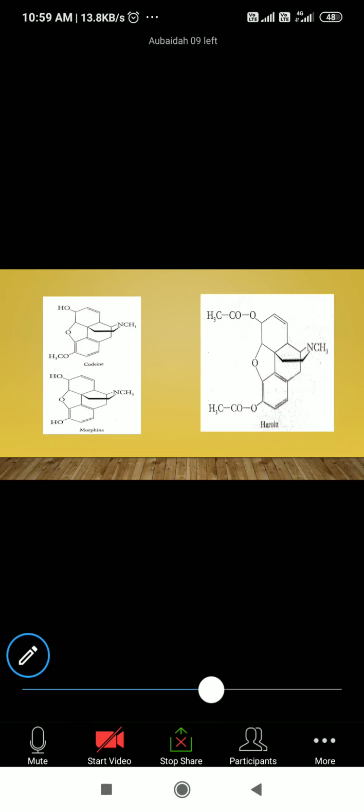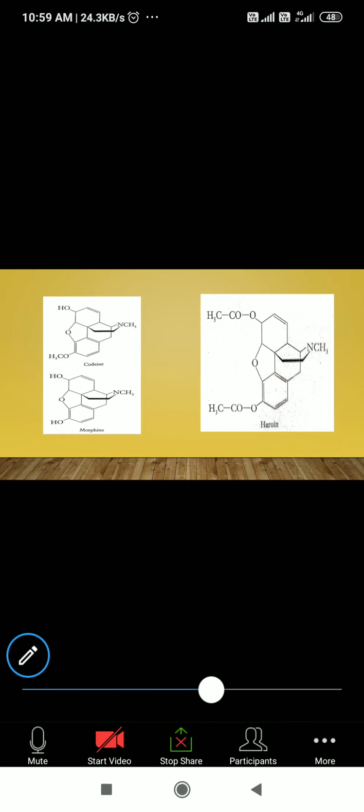Another class of these secondary metabolite alkaloids is the indole alkaloids. As the name indicates, these have the indole basic ring, which has been derived from tryptophan.